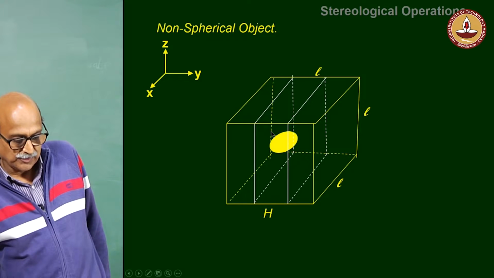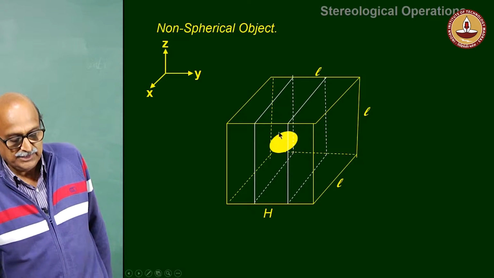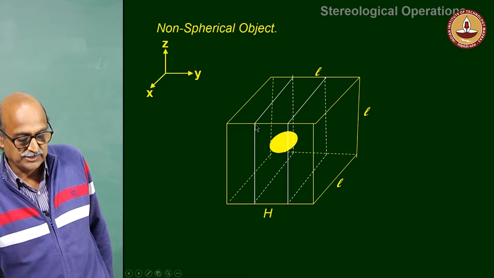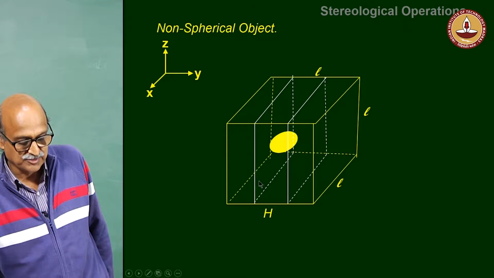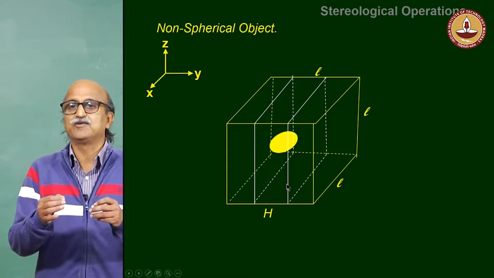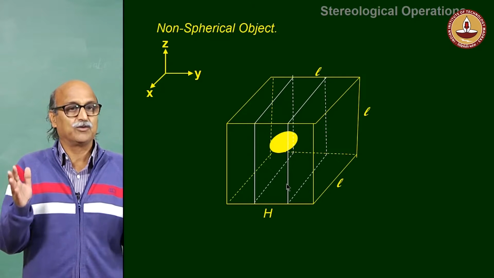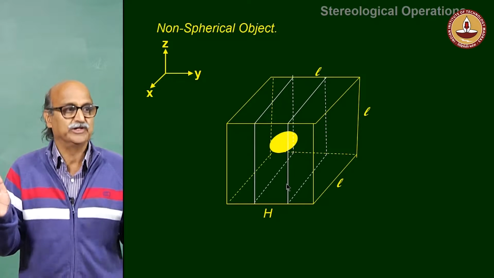A non-spherical object like this particular object shown here is in some particular orientation, and again I can draw two tangent planes on either side of the object, and the distance of separation between these two tangent planes is kind of a diameter of this object along a particular orientation.